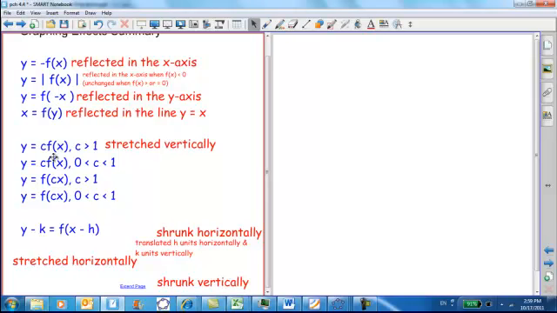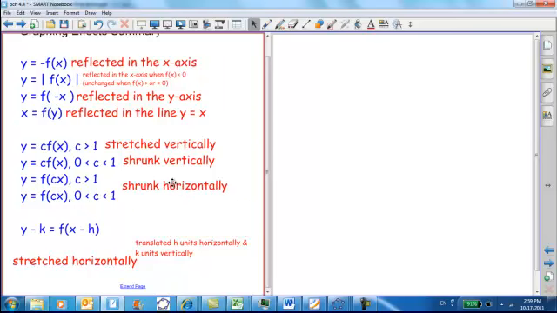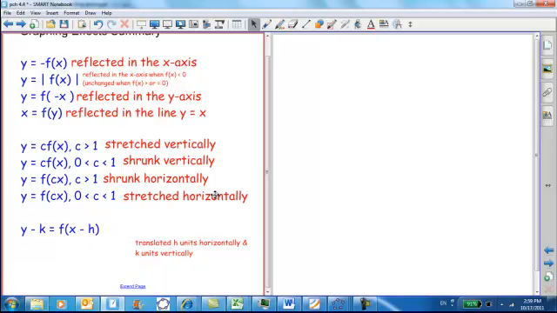If c is less than 1, it's like dividing, so it actually shrinks it vertically. Now, when we work inside the functional notation, you're affecting the x's, but it does the reverse of what you expect. So when c is greater than 1, instead of stretching x, it actually shrinks x horizontally. And then the reverse here, it's stretched horizontally, c between 0 and 1.